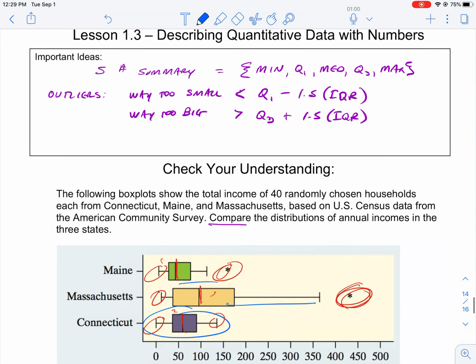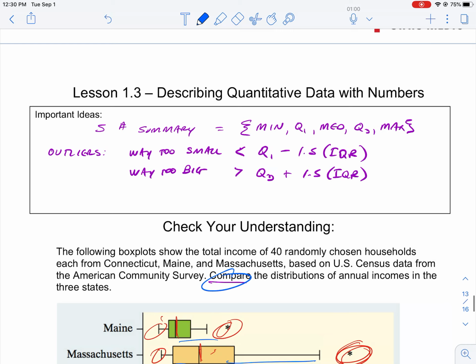We found out how to make a box plot from a 5-number summary and use data to find that 5-number summary. As a reminder, you can find the 5-number summary in your calculator. It's actually a fairly easy thing to do. If you put in your data, so you go to Stat Edit, and you put your data into L1.